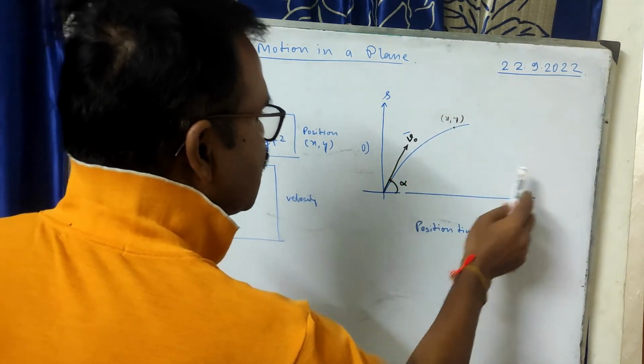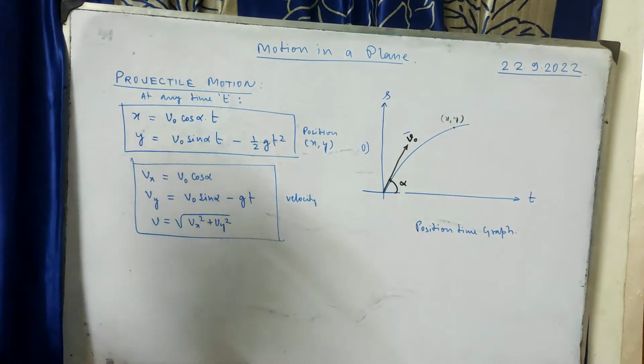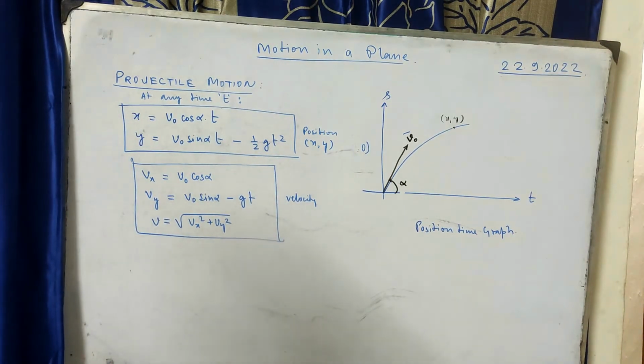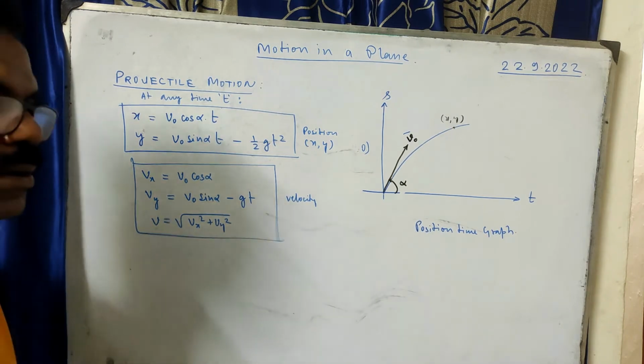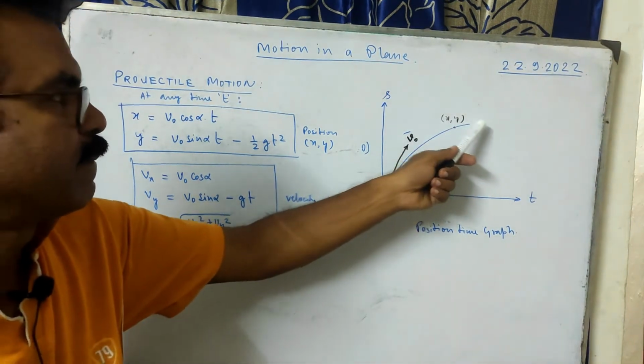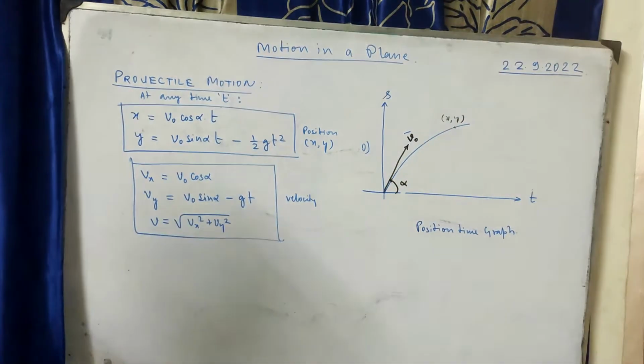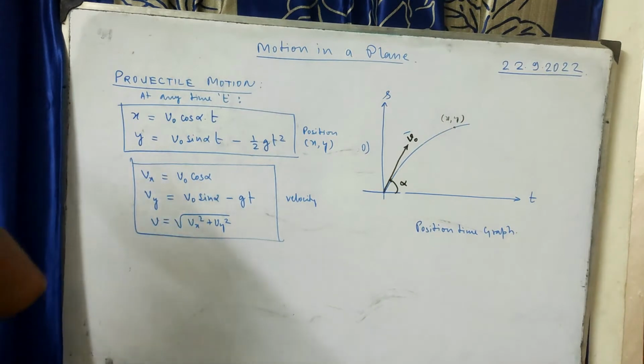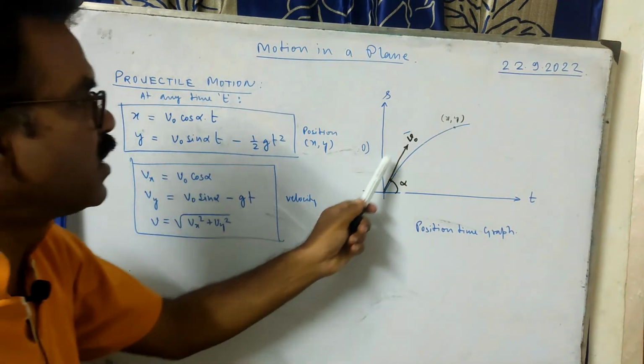The path the projectile is following is called the locus or the trajectory. Locus means path only. In case of projectile motion, we call that same locus the trajectory. So this is the trajectory.